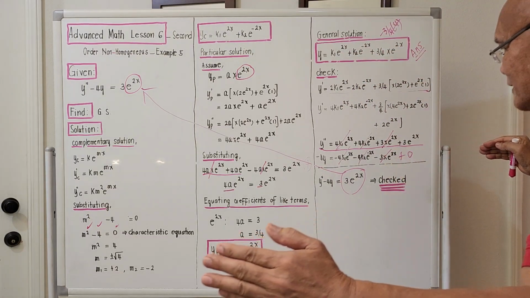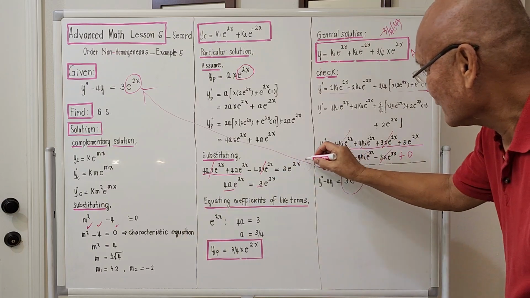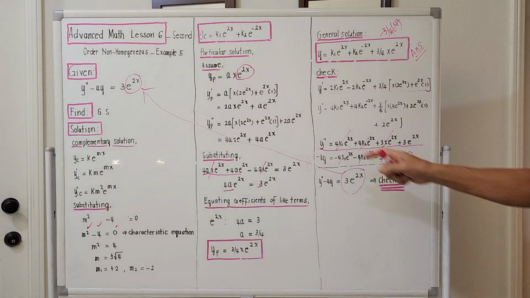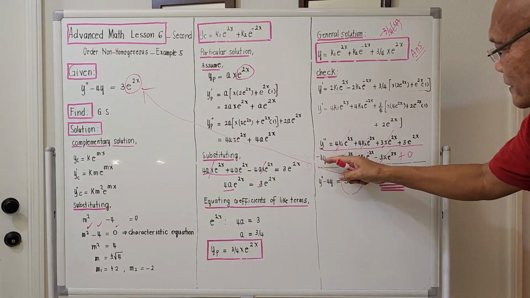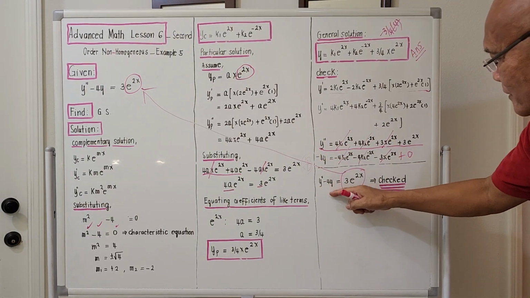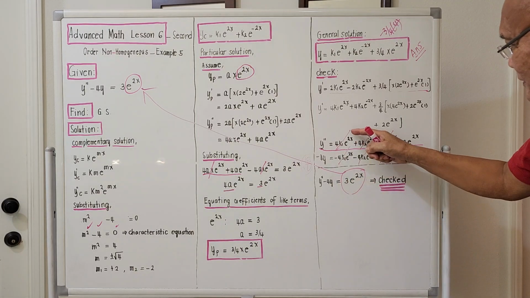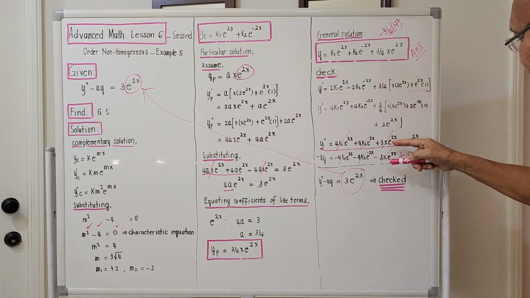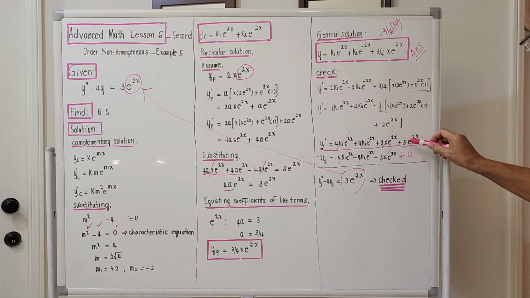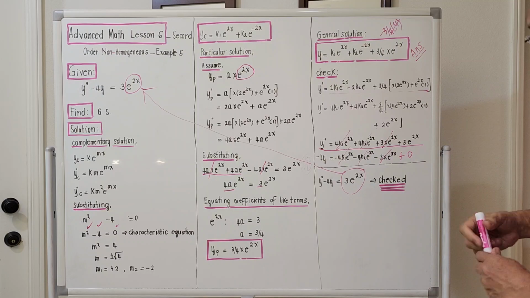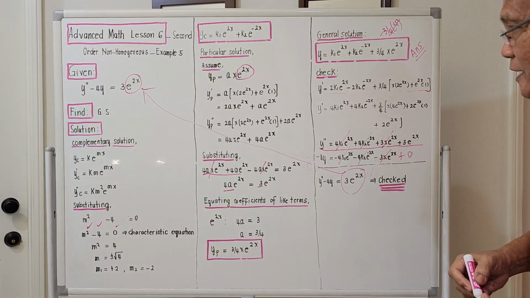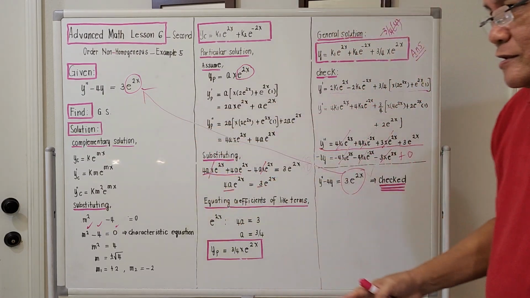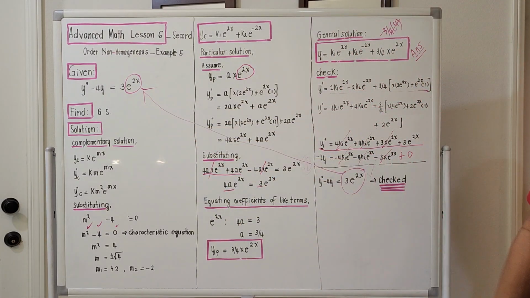Then try to take this out. The operation is addition. Y prime plus open quantity negative 4y will be y prime minus 4y. These are similar terms, they cancel out. 3e to the 2x plus 0 is just simply 3e to the 2x. And that is equivalent to the given right hand side. So that's how we check the validity of our answer.